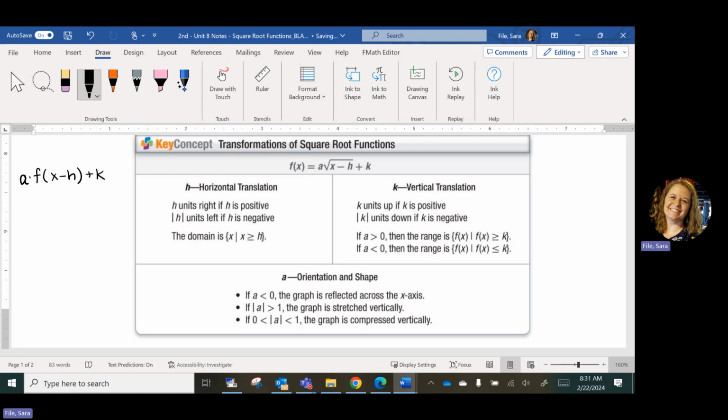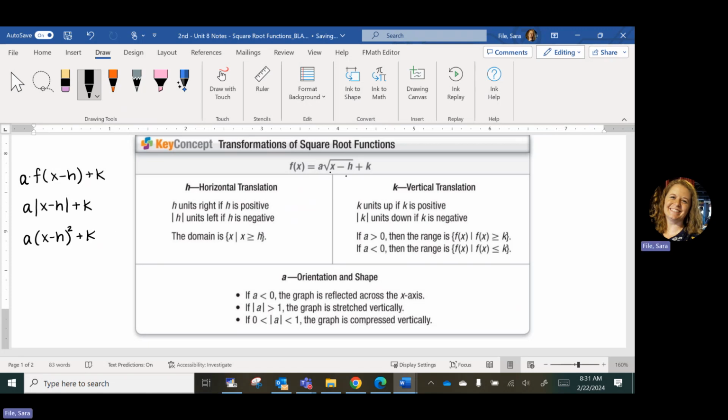It doesn't matter what the type of function is. So back when we did absolute value, it looked like this. There was absolute value bars. A and K are outside, H is inside. When we did quadratics, this is what it looked like. X minus H was in parentheses squared, because that's what a quadratic is, X squared.